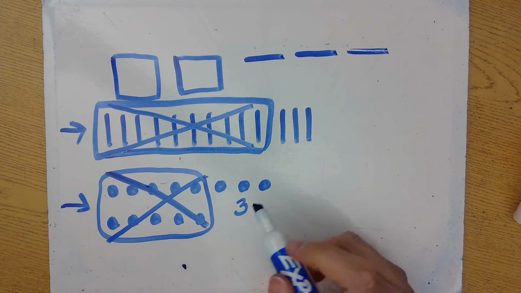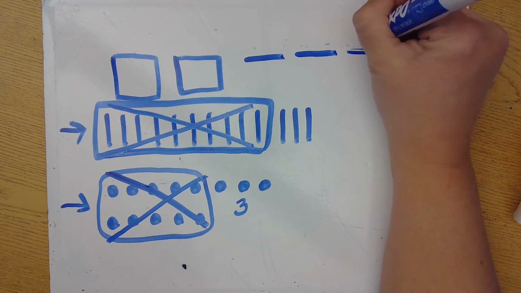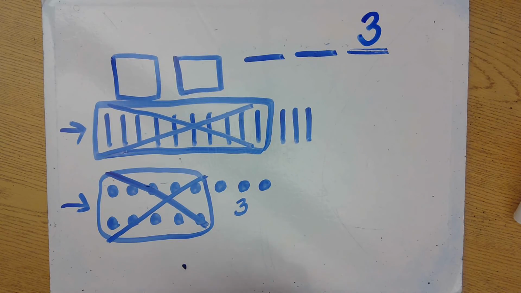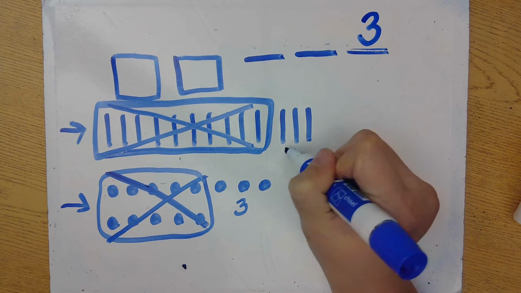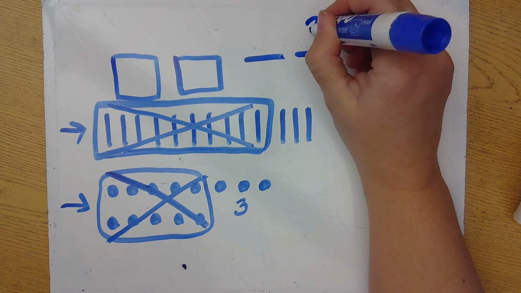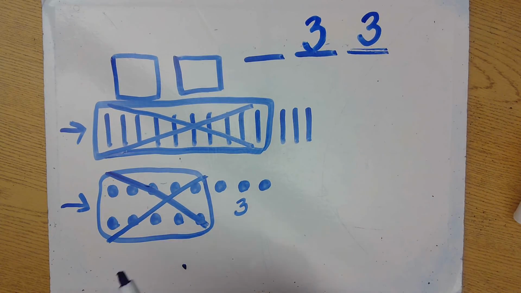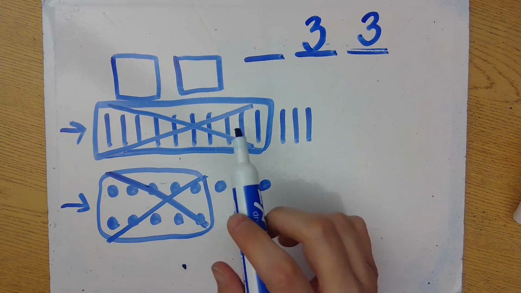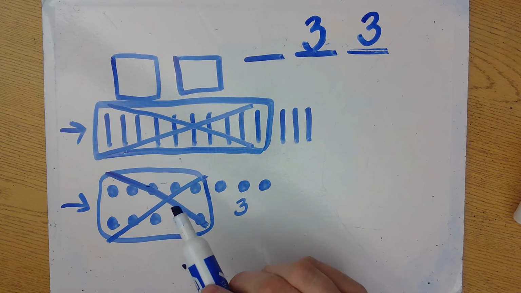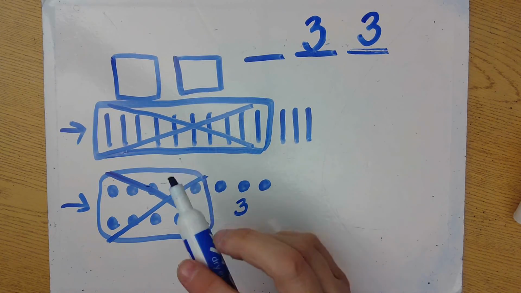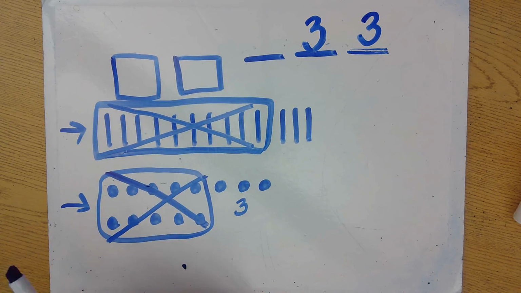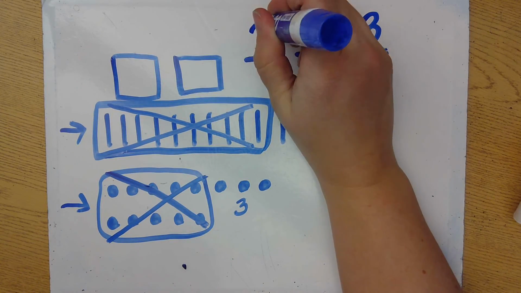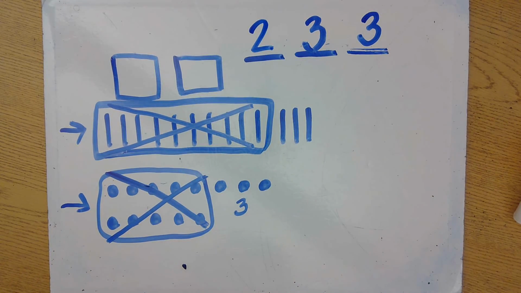So in the ones place, I am putting a 3 because I have 3 cubes. In the tens place, I am writing a 3 as well because I only have 3 longs left over after I traded all of these 10 longs in for a flat. And I now have 2 flats. So I'm going to put a 2 in the hundreds place.